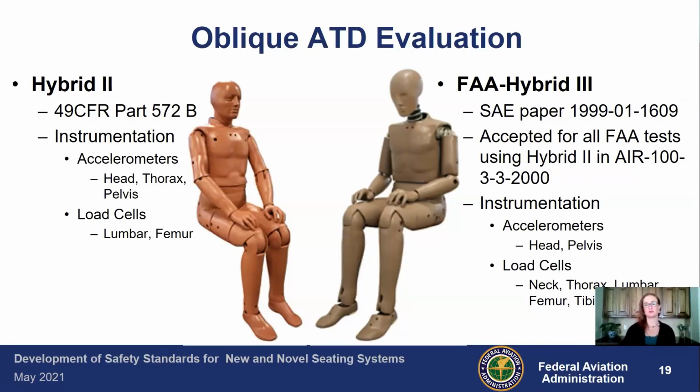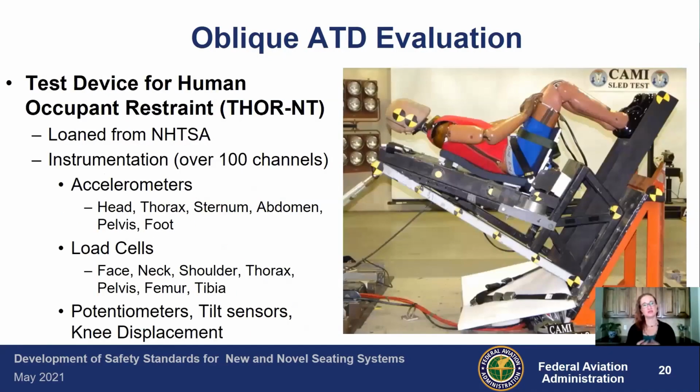So expanded capabilities. While we were looking at, there's actually a test device for human occupant research, and that's the Thor, which is, at the time we were using the Thor NT because that's the version that was loaned to us by NHTSA, and it was under development for use as the new test dummy for automotives. Development actually started back in the 80s, and it's just about completely approved for testing now.